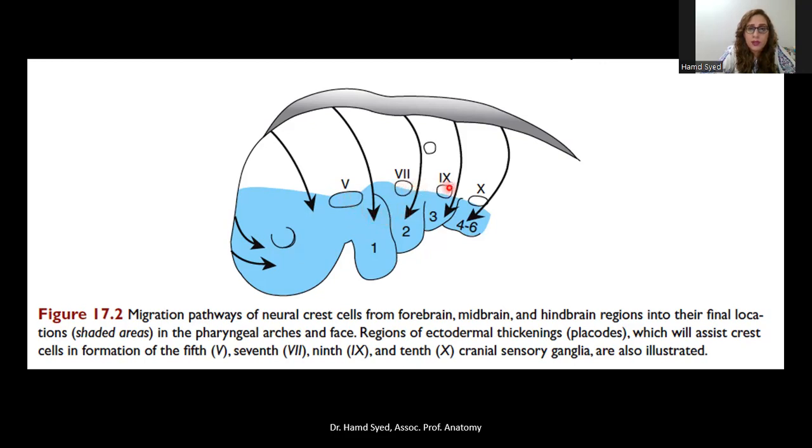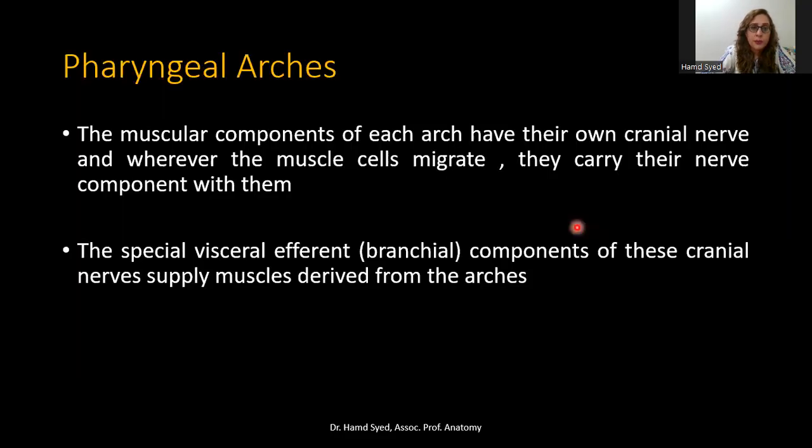5, 7, 9, and 10. These are representing the cranial sensory ganglia, which are going to supply the pharyngeal arches. We'll talk about that further. So the muscular components of each arch have their own cranial nerve. And wherever these muscle cells migrate, remember, they carry the nerve component with them.